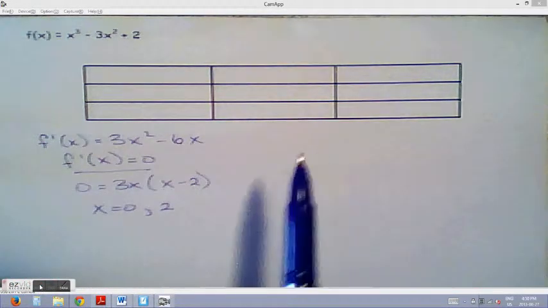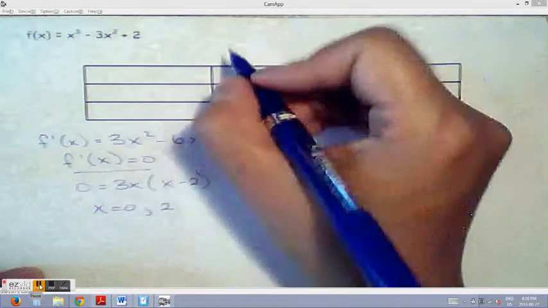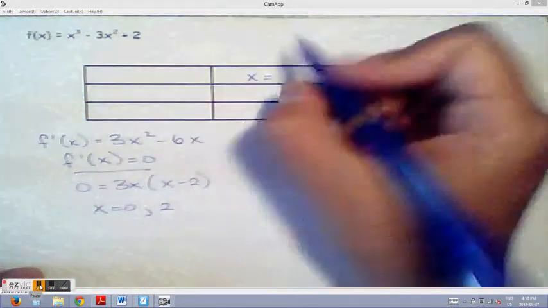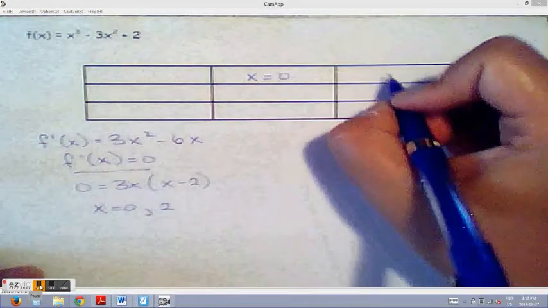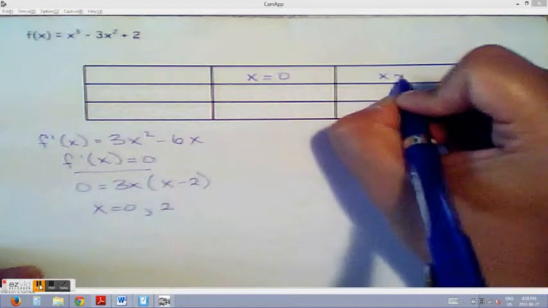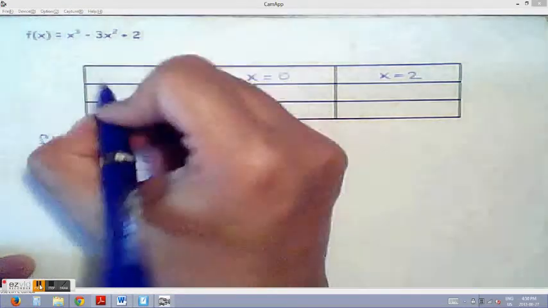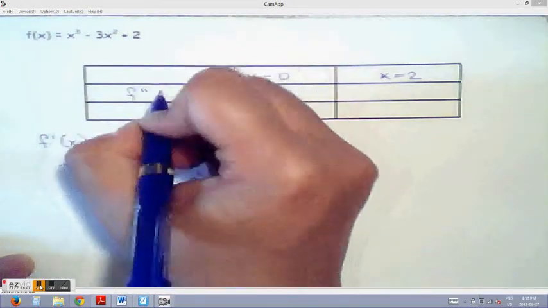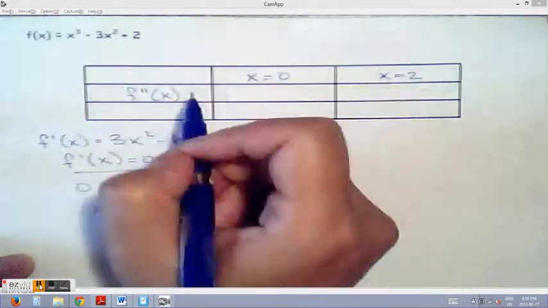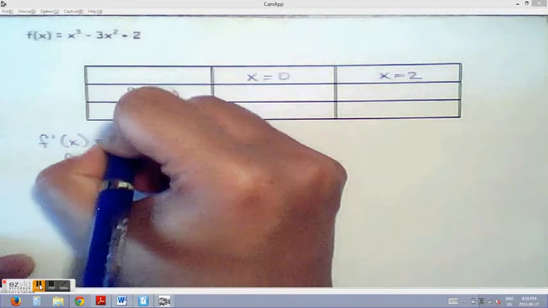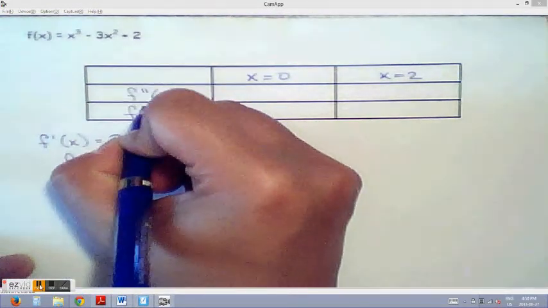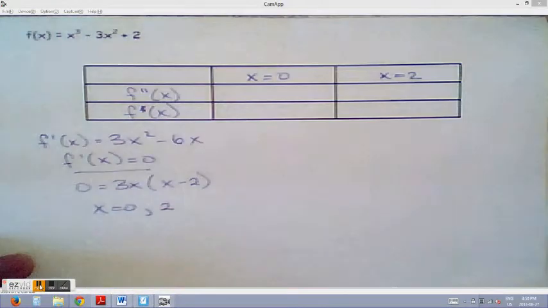I'm going to set this up in a nice table because it helps me to stay organized. In the top here, I'm going to put my critical numbers. And over on the left column, I'm going to have the sign of the second derivative and the behavior of the function itself.